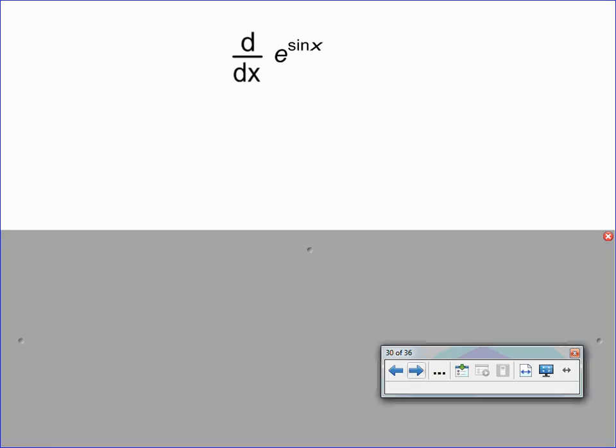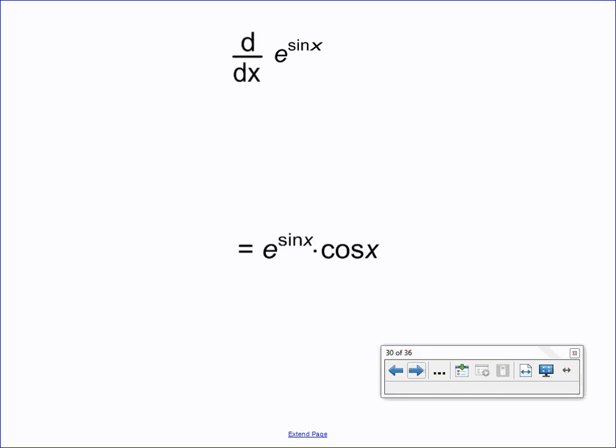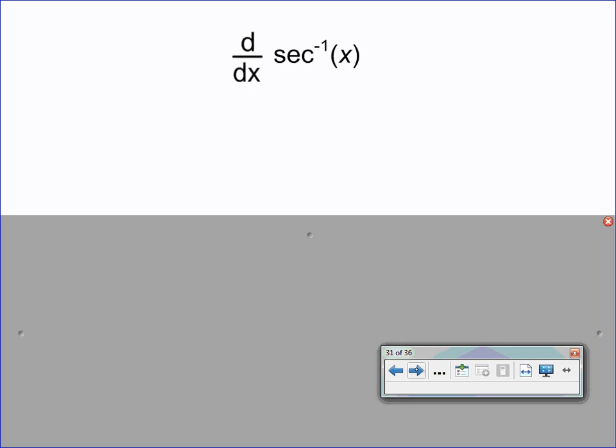Derivative of e to the sine of x. Sine of x, e to the sine of x. Oh, no, cosine of x. Sorry. Right. The exponential itself times the derivative of the exponent. Good job. And now inverse secant.